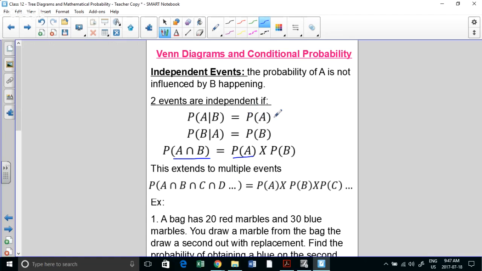If they are independent, that means that B is not going to influence A happening. So if there's no overlap, I could ask, what's the probability that a student has blue eyes given that they are a boy? But if there are no boys with blue eyes, it makes no sense.